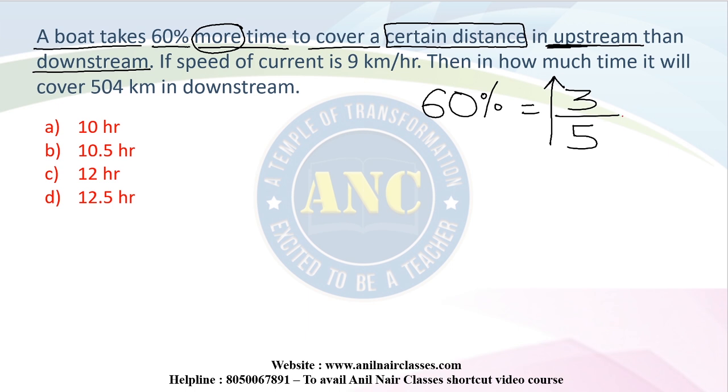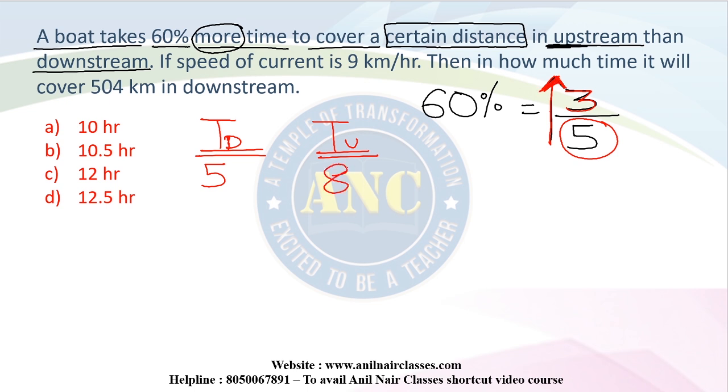That means, if I take 5 hours to travel down the road, downstream time, then upstream time will always be equal to 3 hours more than 5 hours. 3 hours more than 5 hours is 8 hours.